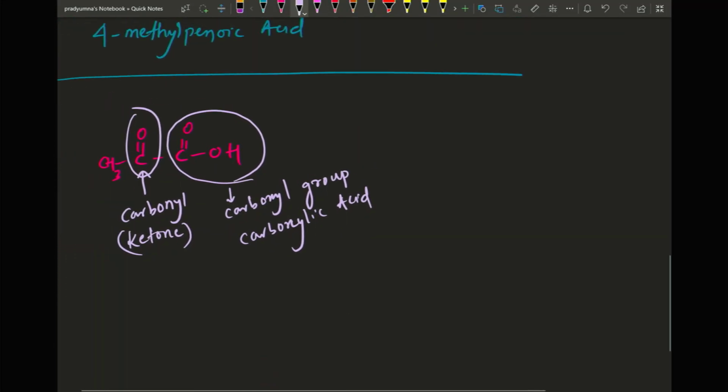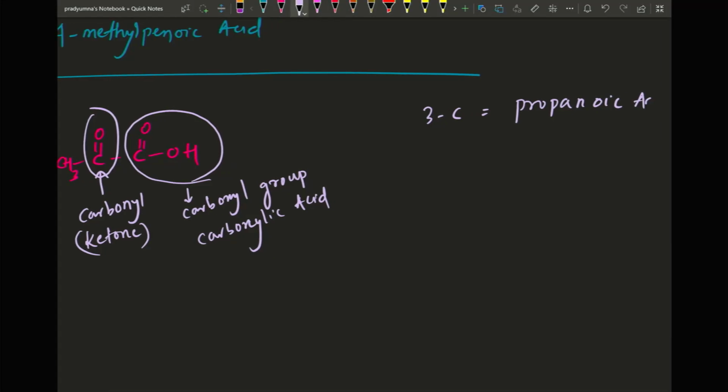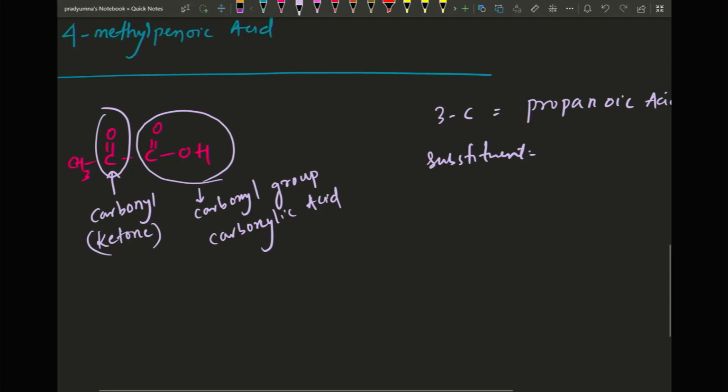So how many carbon atoms do we have? We have one, two, three carbon atoms. The parent name is going to be propane, but the E is replaced by oic acid, so it's propanoic acid. What is the substituent? The substituent is a carbonyl, which is a ketone.